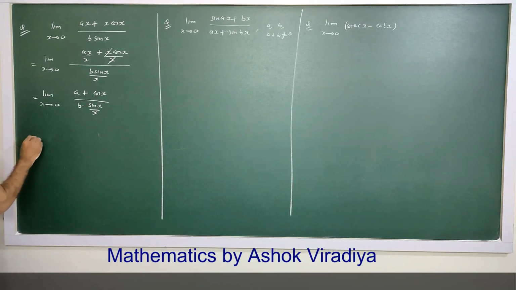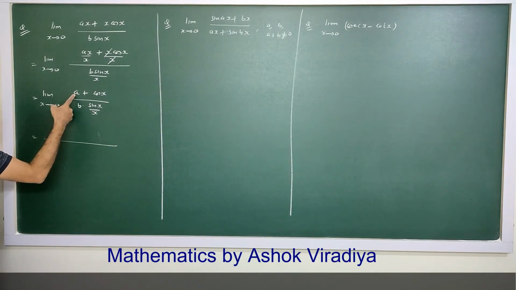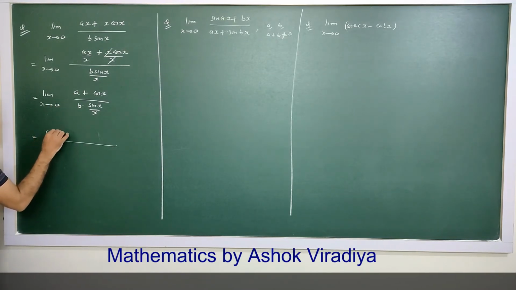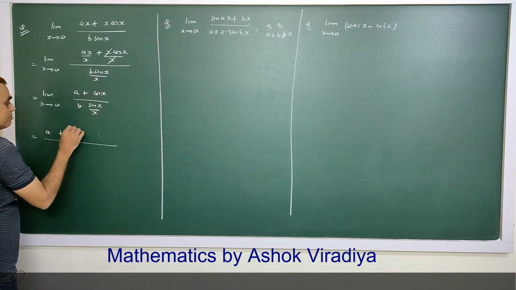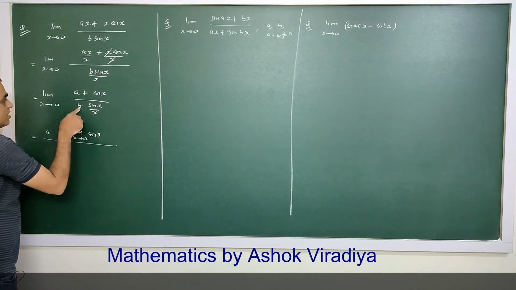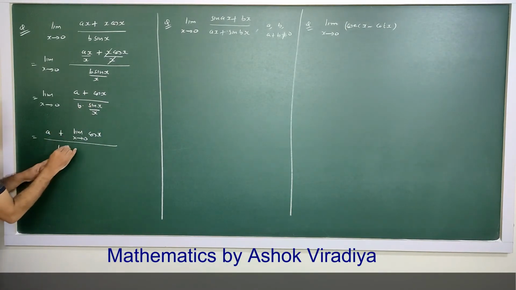Now distribution of limit. a is a constant. With a no variable part is connected. Keep a as it is. Limit of a constant is the constant, plus apply the limit on this term. Then b put outside, apply the limit on this term.